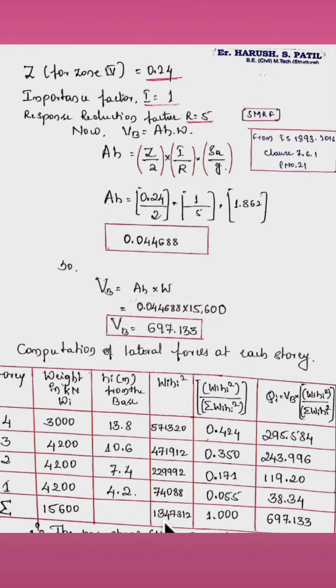The summation of Wi hi square is this particular value. To get this value, you divide this value by this value. Similarly, this value divided by this, you will get this. This value divided by itself, you will get 1.